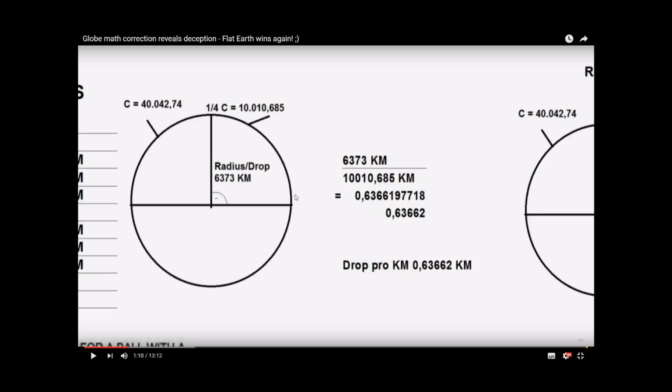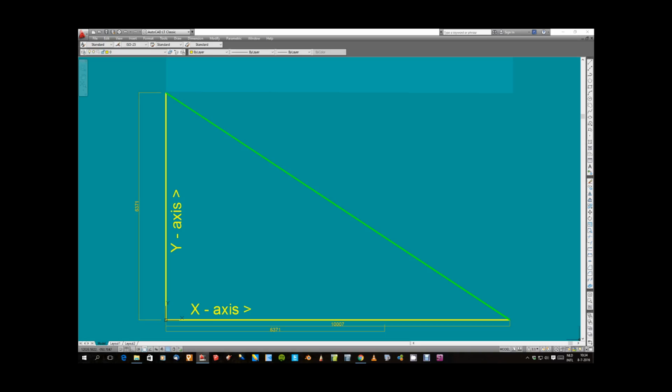This formula he uses to calculate the drop of the Earth. Remember the part of the graphic representation of an equation in my last video? The graphic representation of the equation y equals 0.6 times x is a straight line like this. So the drop of the curvature of the spherical Earth develops along a straight line, which so much means as living on a sphere looks remarkably like living on a pyramid.